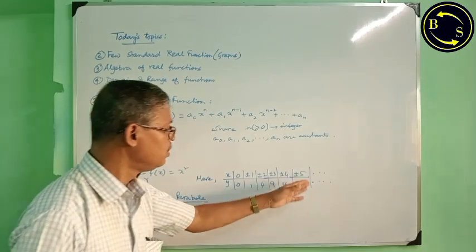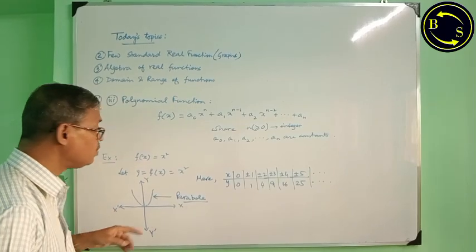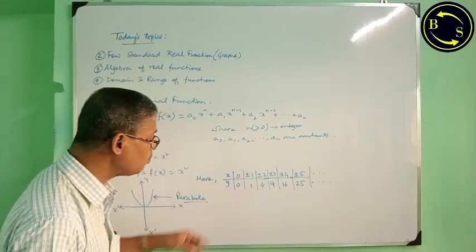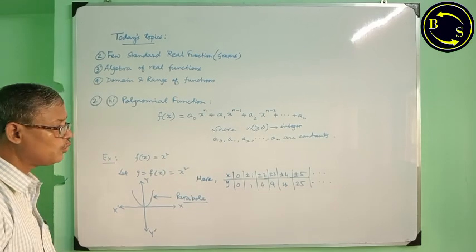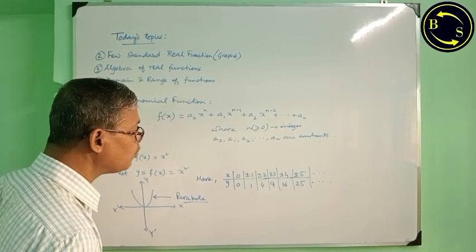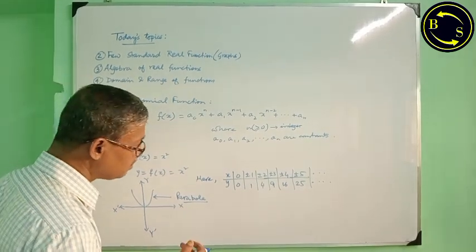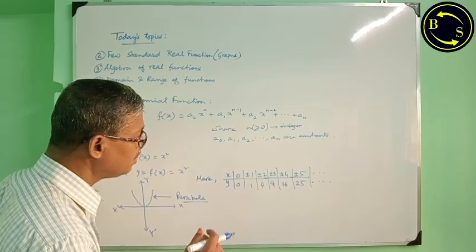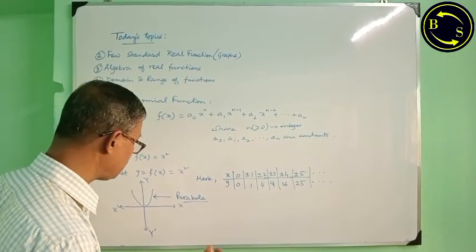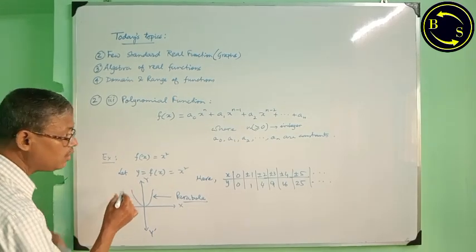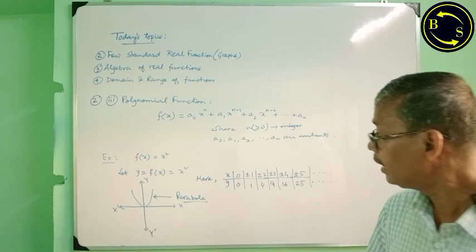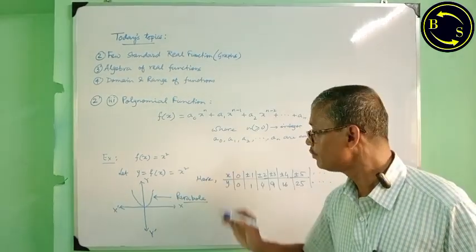Making this table, we plot (0, 0), then (1, 1), then (minus 1, 1), then (2, 4), then (minus 2, 4), then (3, 9), (minus 3, 9), (4, 16), (minus 4, 16), (5, 25), (minus 5, 25), etc. And we join those points by a freehand curve and we obtain this parabola.